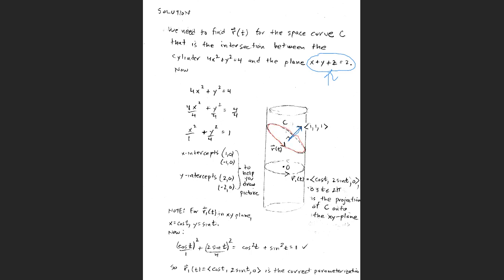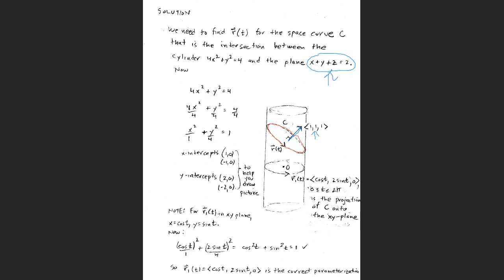And so the vector perpendicular to the region inside the space curve would have those components, 1, 1, 1. It's just something that I like to put in there for you. It helps also give the picture a little perspective.